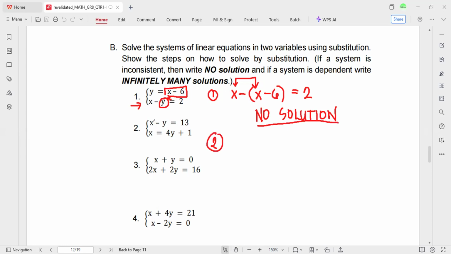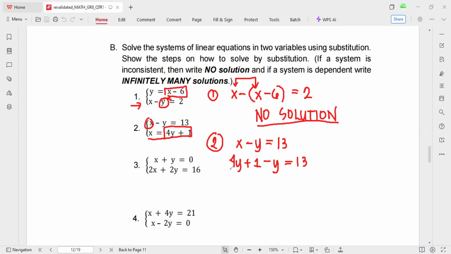Next, number 2. We get x minus y equals 13 and x is equal to 4y plus 1. So again, since this is the value of our x already, change your x here into 4y plus 1. So we get 4y plus 1 minus y equals 13.